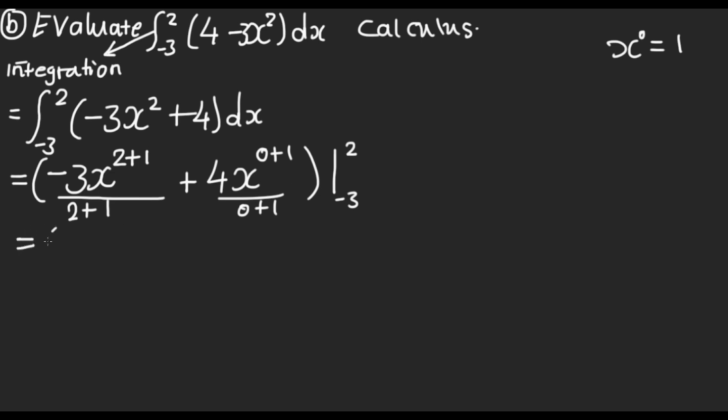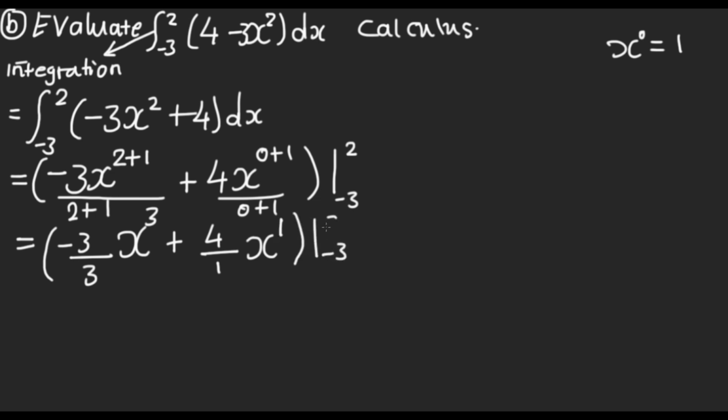Then upon reaching here, I'm going to add 2 and 1. So this will give me a 3 multiplied by x raised to the power 3, plus this will be 4 over 0 plus 1, which is just 1, multiplied by x, evaluating from -3 up to 2.